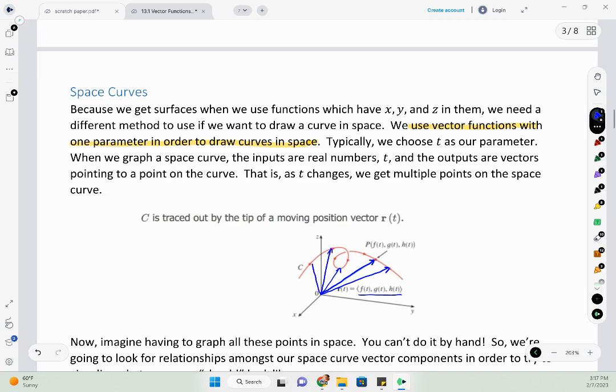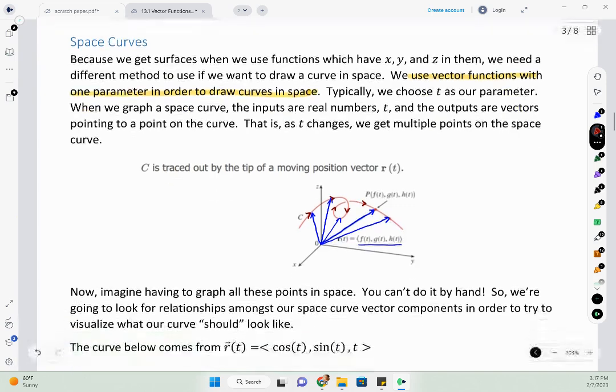I'm only drawing like 5 of these, but imagine an infinite number of them tracing out this whole curve here. There are arrows on here, and so they're telling me the direction in which these points are kind of getting shot out by r of t. So it looks like they're starting on the left and then moving towards the right, doing a loop, and then continuing on towards the right. Okay, so the vector function allows us to get the points on a curve in space.